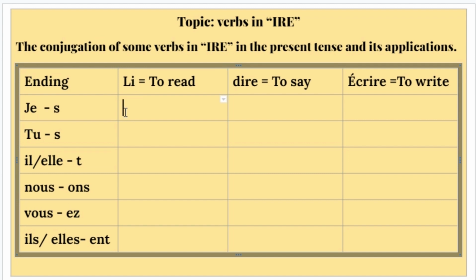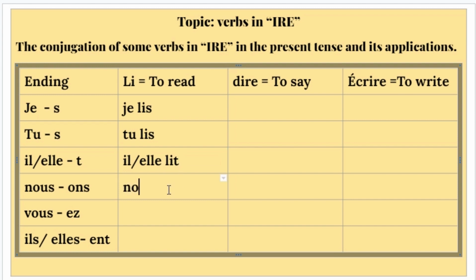For je, we have li, the ending is S, so we say je lis. Tu lis, the ending is S. Il or elle, li, the ending is T: il lit, elle lit.